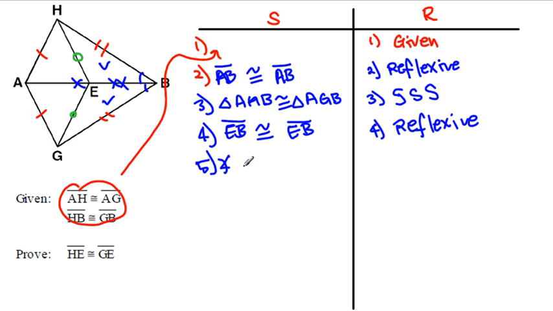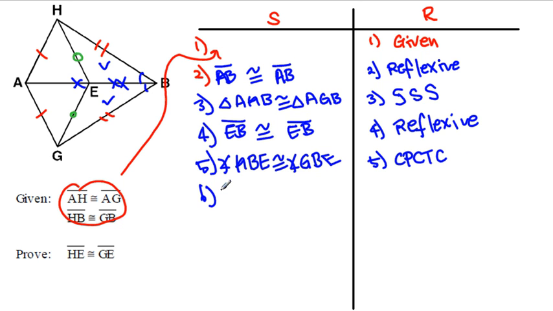So we can say angle HBE must be congruent to angle GBE. The reasoning here must be yes, CPCTC: Corresponding parts in congruent triangles are congruent.